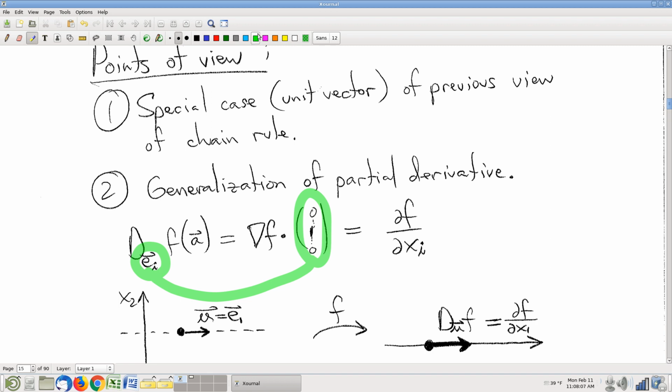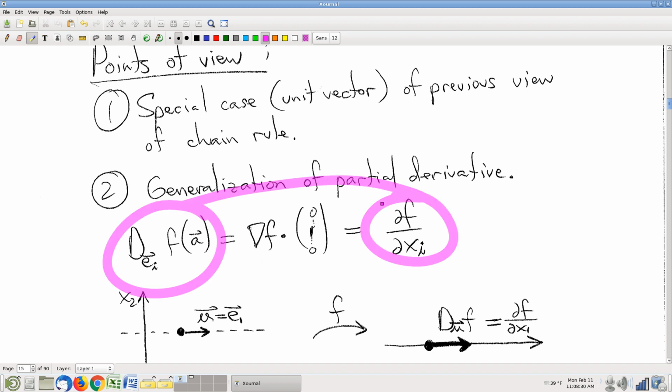Well, this dot product, keep in mind the gradient is made up of a bunch of partial derivatives. If you take a vector of partial derivatives and dot with a vector that's all zeros, except for a single one in one position, then whichever position that one is in, you'll get the corresponding partial derivative. So in that special case, a directional derivative is exactly a partial derivative.